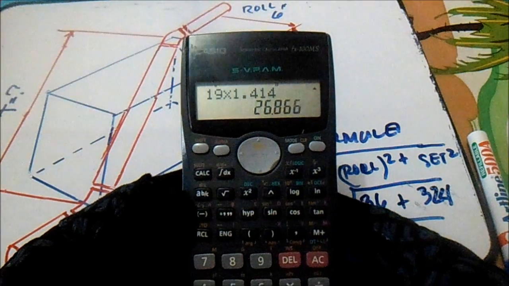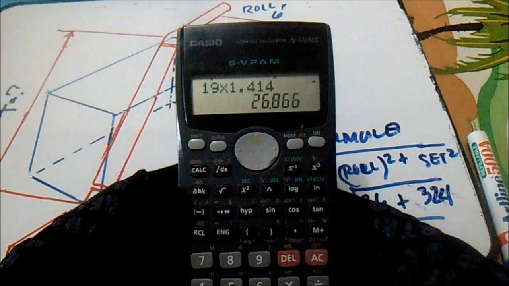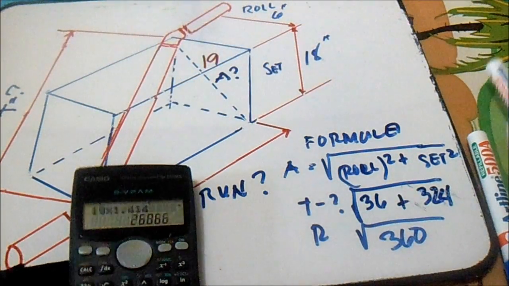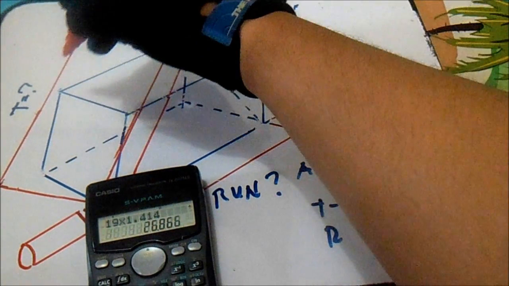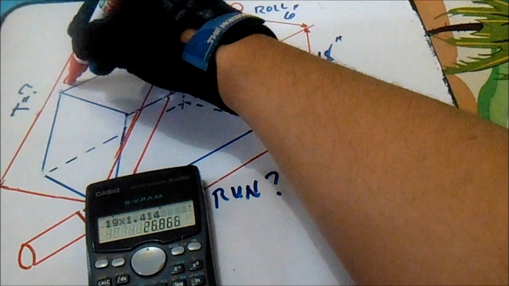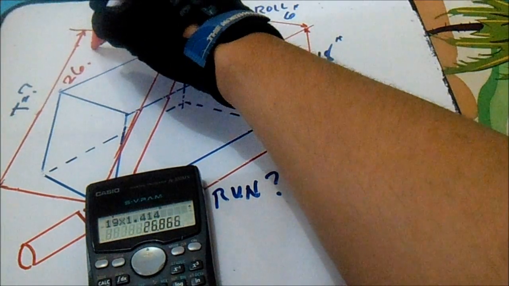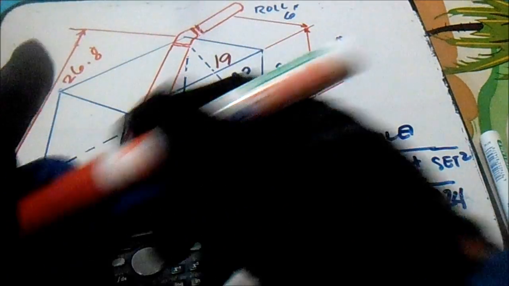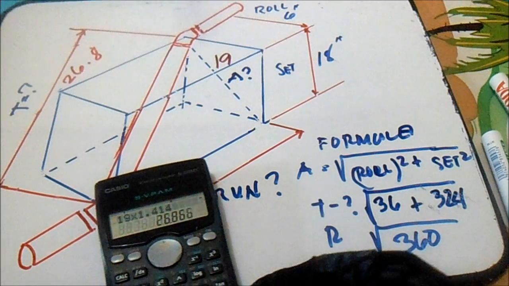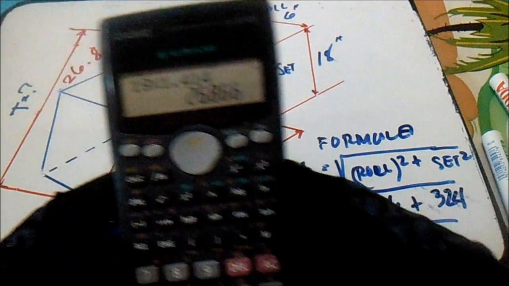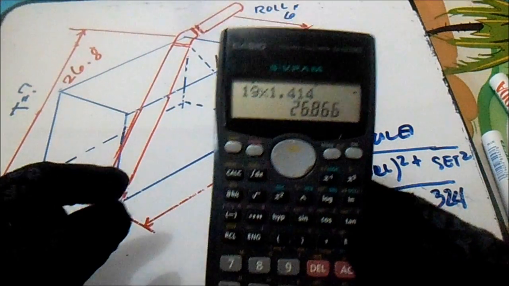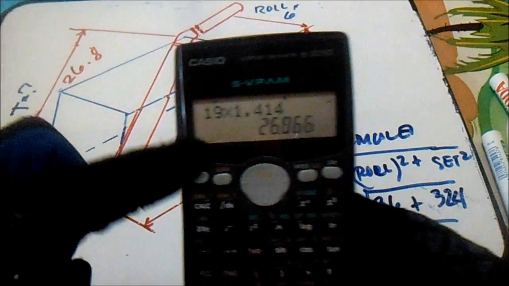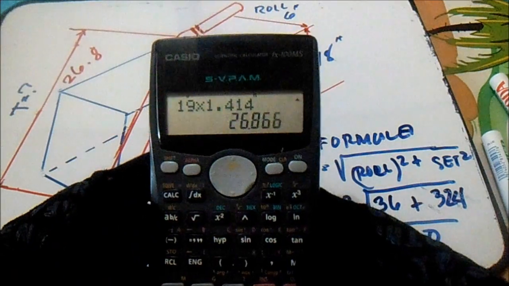The answer for travel is 26.8. Just round it up. This is 27. Very easy. Just multiply the 19 and also the constant 1.414.